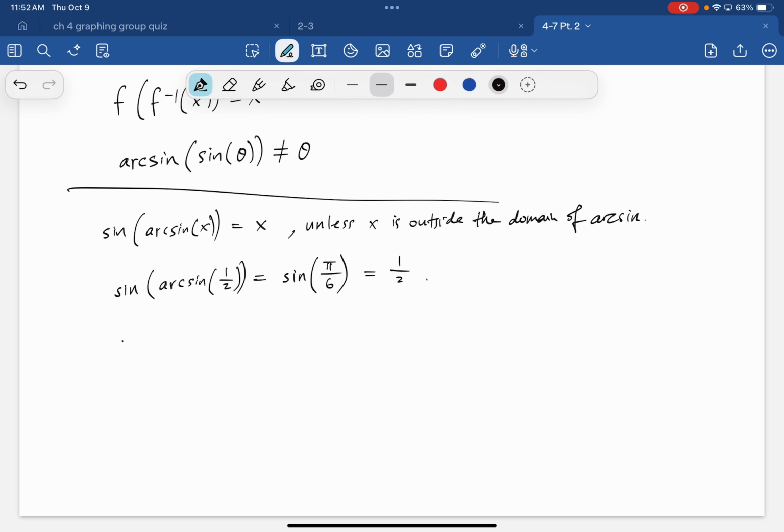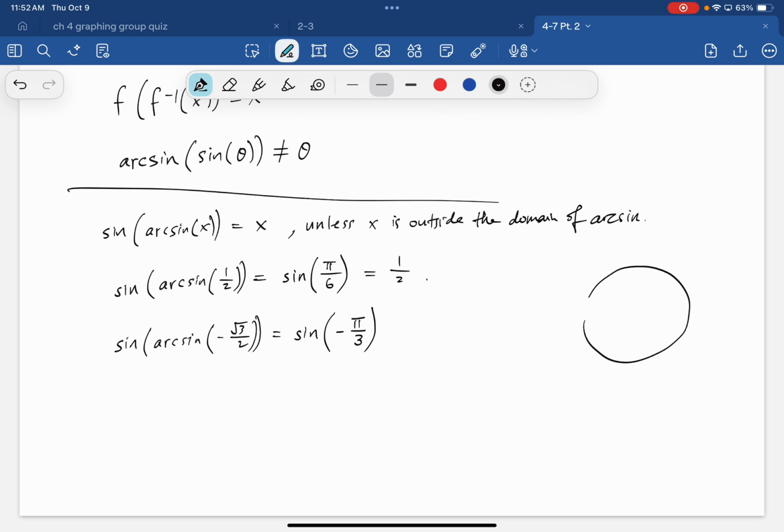Okay, we'll do another example. What is sine of arcsine of minus root 3 over 2? What is arcsine of minus root 3 over 2? Anybody? Negative pi over 3.